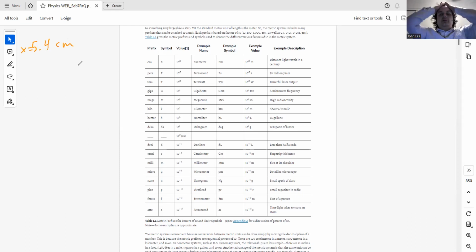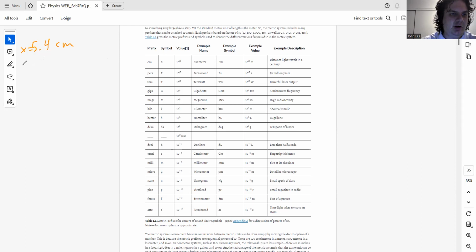Now, what you pretty much always want to do, unless a problem's asking you to do the opposite, is convert centimeters or kiloseconds or megaseconds or whatever you have to the SI unit. So the SI unit of length is the meter, if you'll recall.